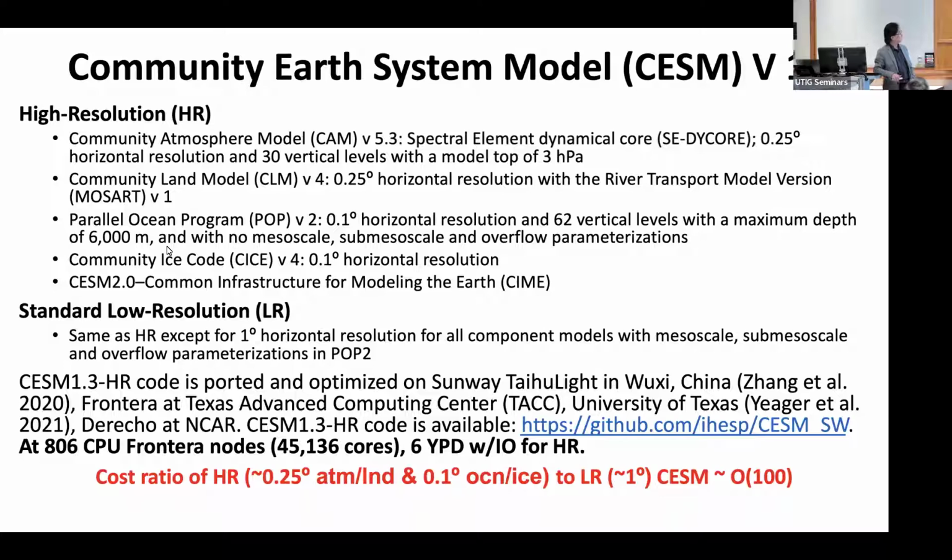So the top of the atmosphere is 3 hectopascal. And for the land surface, we're using version 4, which has the same resolution as the atmosphere component. And then there is a river transport model, MOSART version 1. And the major resolution increase is actually in the ocean. So the ocean model we're running at 1/10 of a degree nominal resolution, so about 10 kilometers globally. And the model has 62 vertical levels.